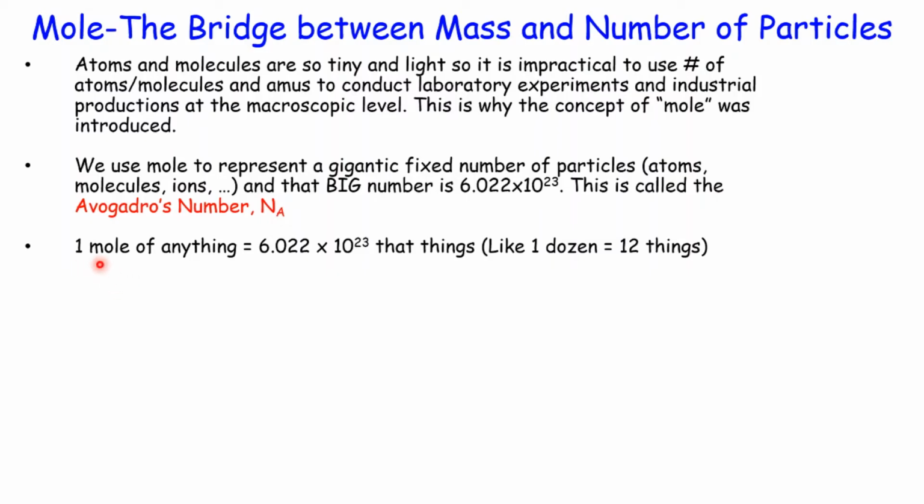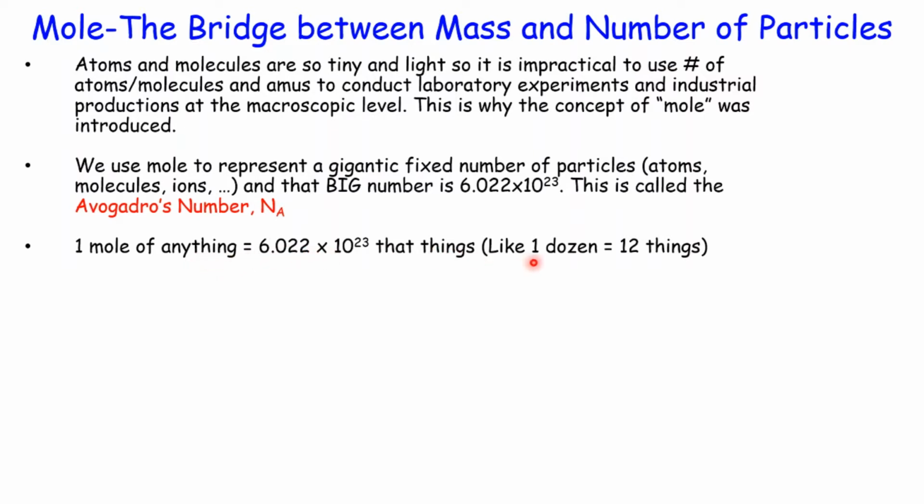Here's very important: 1 mole of anything equals 6.022 times 10 to the 23rd of those things, whatever that thing may be. That thing can be atoms, molecules, or ions, okay?